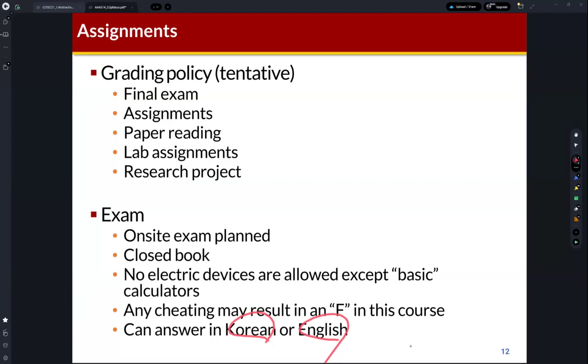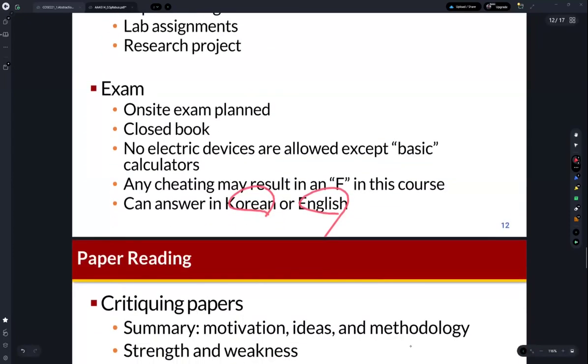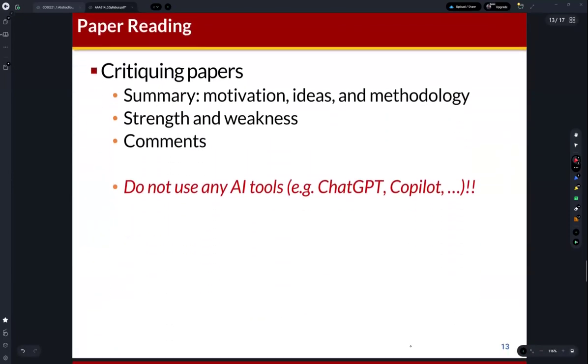The problem is that sometimes I cannot understand the English sentences students wrote, because the grammar was wrong. It was difficult sometimes.